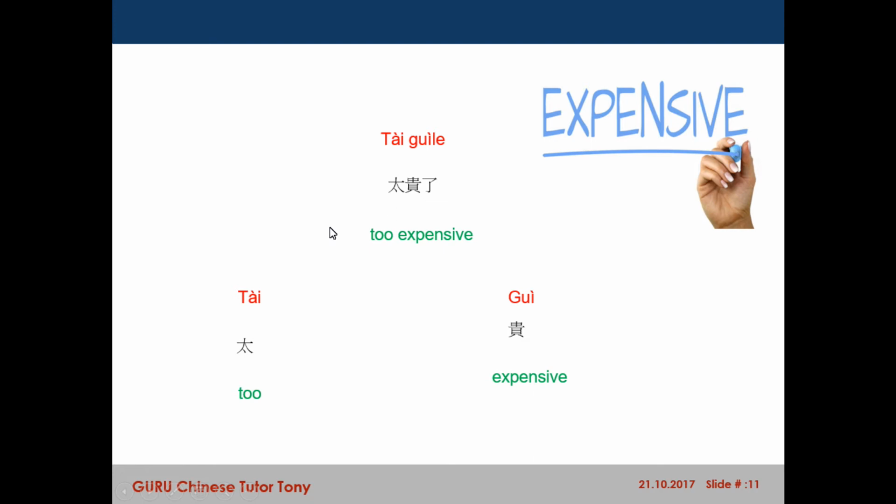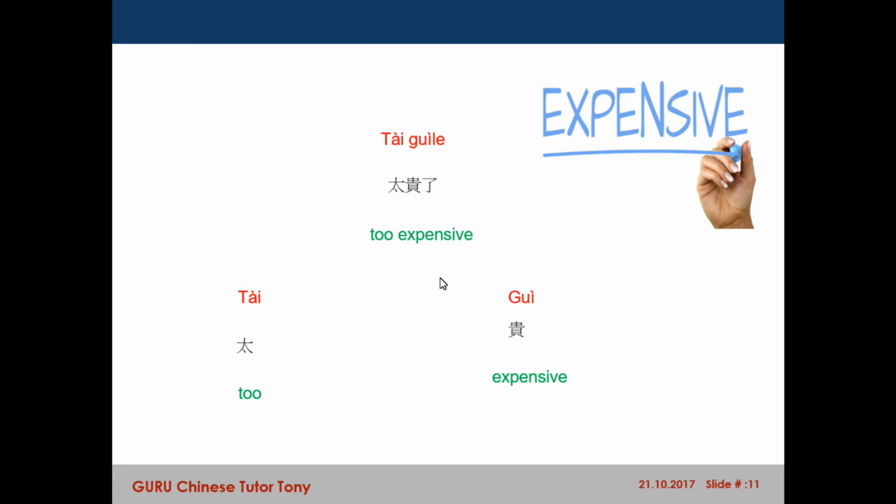Okay, so you're going to complain: 太贵了, too expensive. 太, too. 贵, expensive. That is a very useful sentence. People say when you go to China and see the street vendors trying to promote and ask you to buy something, you had better cut the price by half, because they offer a much higher price to tourists compared to local people.